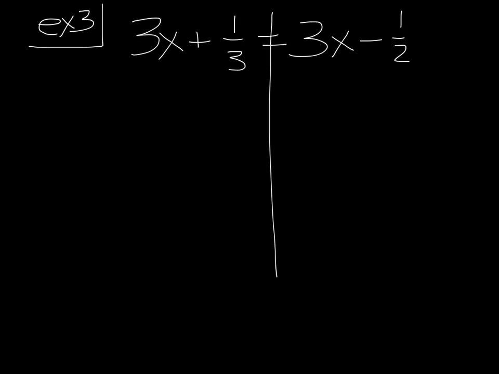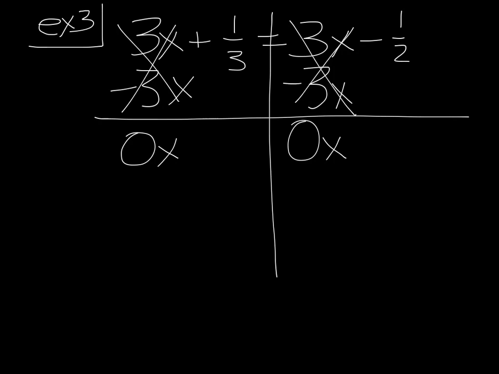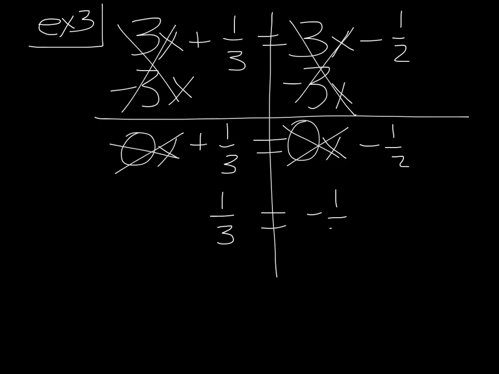We can start with the variables. I'm going to take my variables to one side or the other, but if you notice, what happens is 3x minus 3x is 0x on both sides. So then this would drop a 1/3 and a minus 1/2. So in reality, the 0x's are just 0, so this is just 1/3 equals negative 1/2.